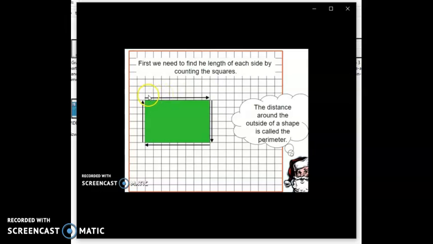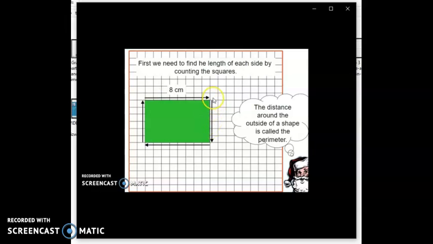For example, if I start counting from this side, this is 1 square, 2, 3, 4, 5, 6, 7, 8. It means this length is 8 centimeters.